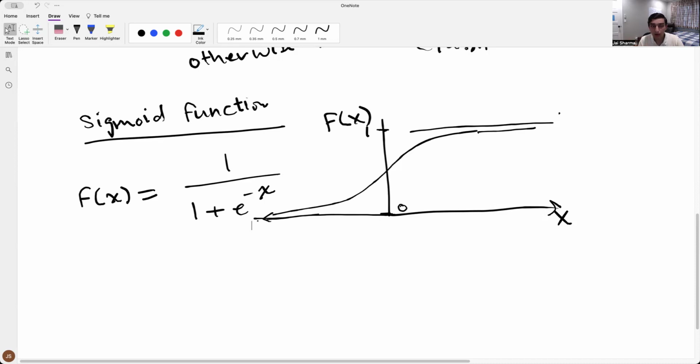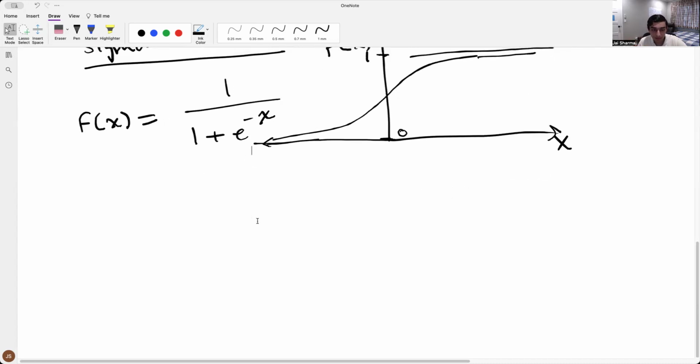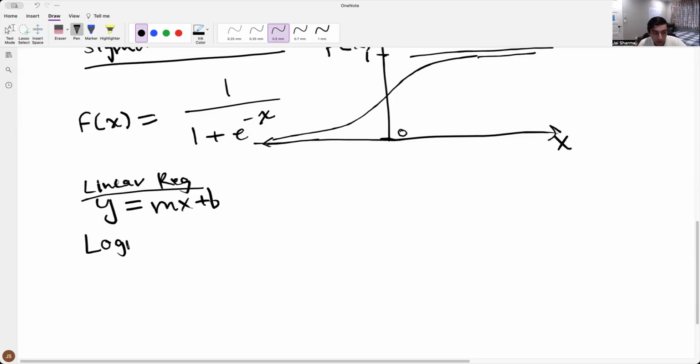Okay, so effectively, what does this do? Let's say that this was linear regression, right? Linear regression. This was y equals mx plus b. Okay, logistic regression.